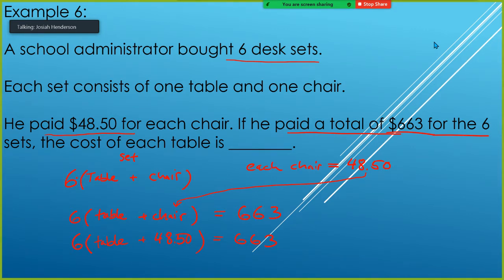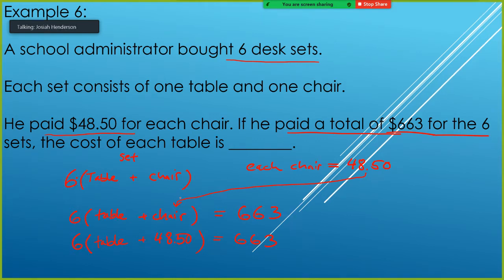Remember, a linear equation is just any equation with only one variable. Now, you might be saying, well, there's not a variable here. But remember, variables are numbers that we just don't know the value for. Kind of like how table is standing in for the price of a table, but we don't know what it is yet. So our variable is table, or T for table. Or you could write it as X. It could be anything you want. But we're treating table like it's just the price of a single table, just like we did with chair.